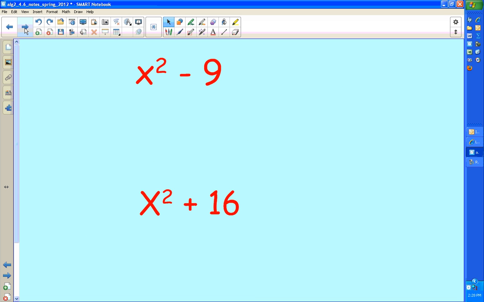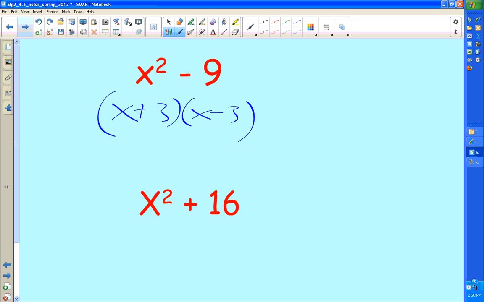So x squared minus 9, how does that factor? How many of you think x equals 3 and negative 3 for that? Some of you do. Why doesn't it? I didn't forget anything.